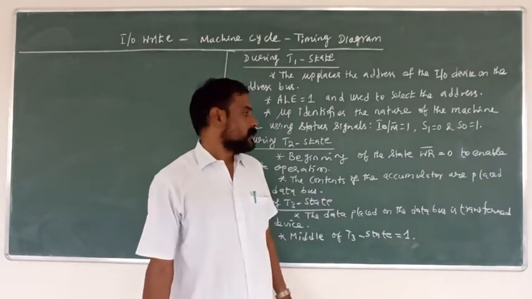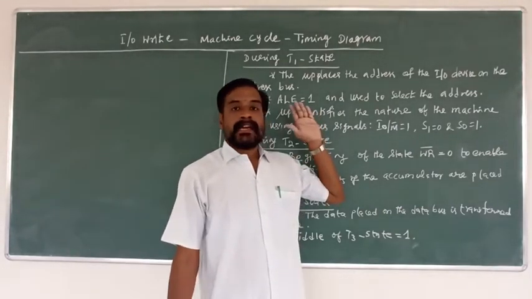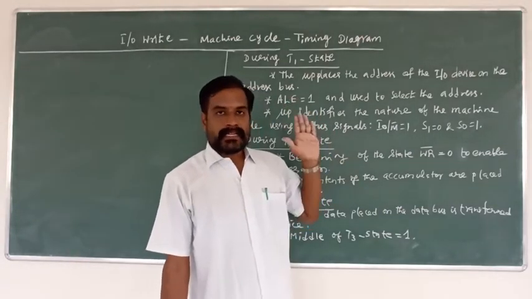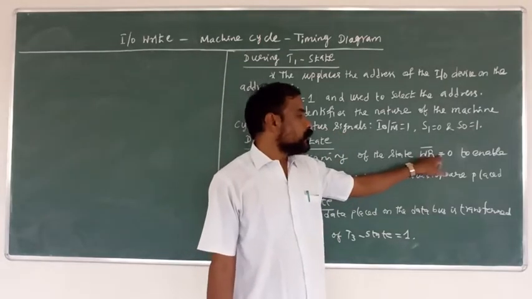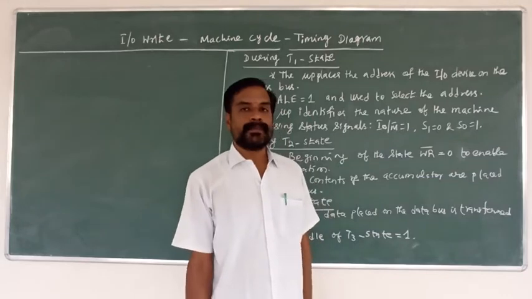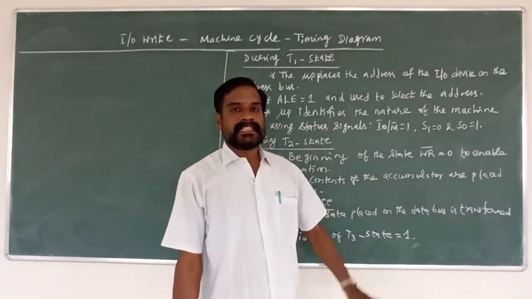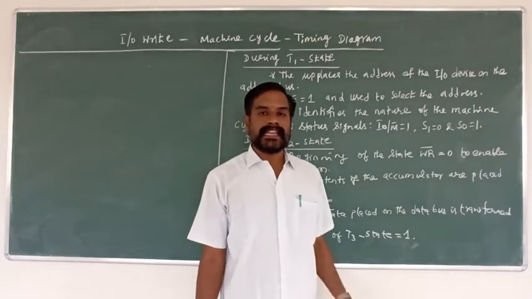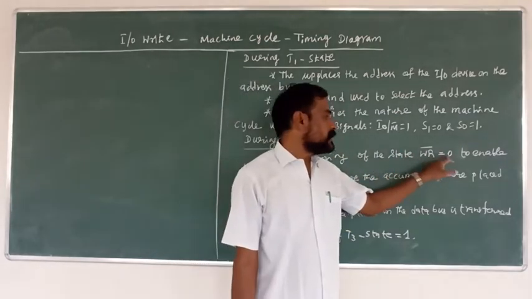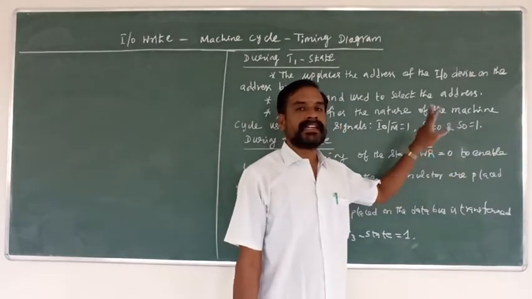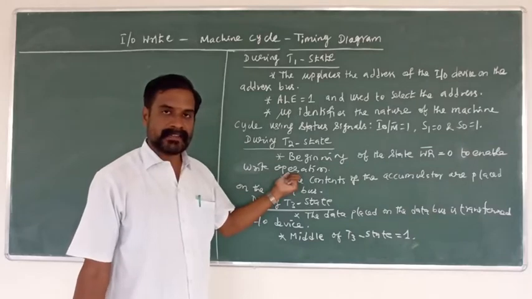In the middle of the T2 T state, the write signal goes low, and it stays low up to the middle of the T3 state. Between T2 and T3, in the middle of the T states, the write signal goes low. At that time, it will select the write operation.